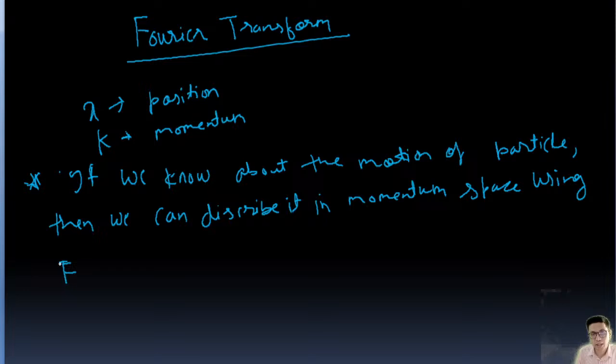So x is the position, k is momentum. If we know about the motion of a particle, then we can describe that motion in momentum space using Fourier transform.